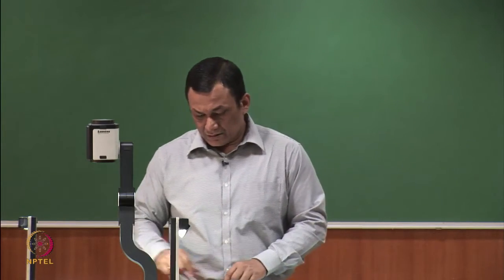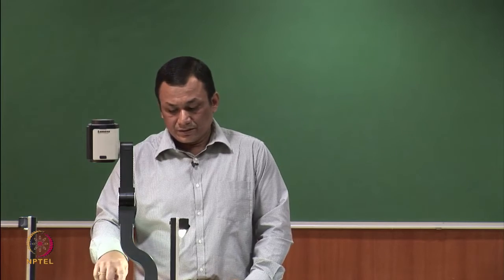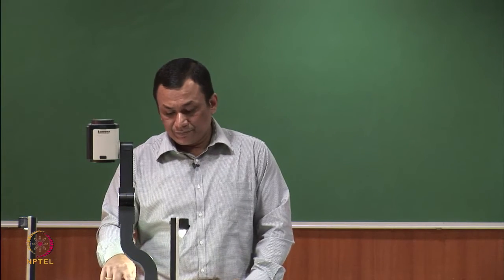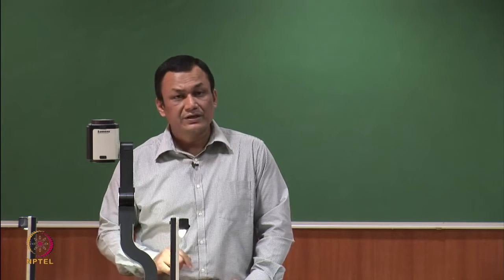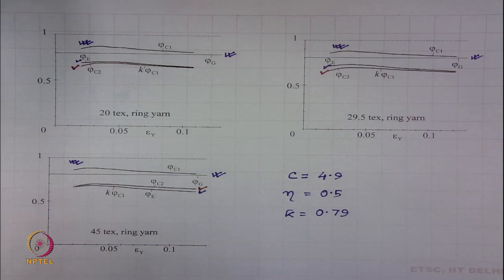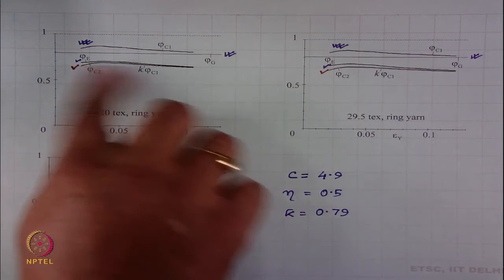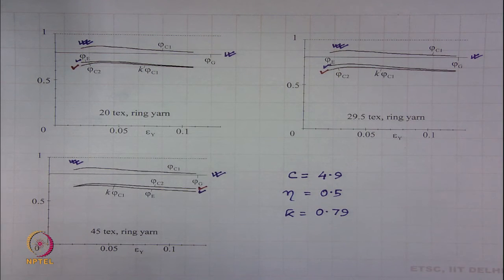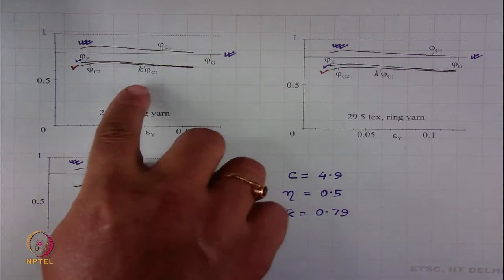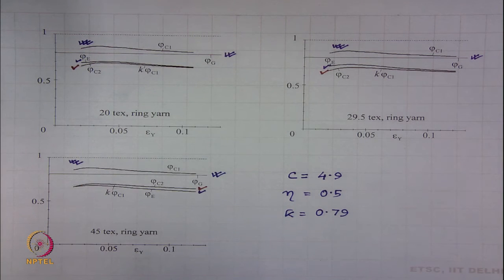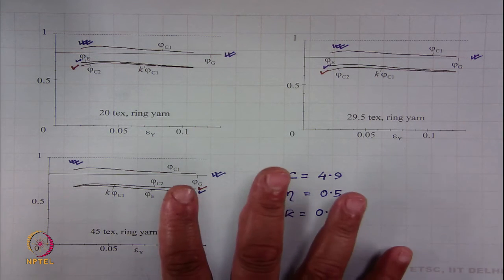That is the reason why the actual curve is staying lower than the phi C1 curve. So, in all cases we see, when we multiply by a factor 0.79, that probably corresponds to this imperfect fiber organization, we see there is a very close tendency between the experimental and the phi C1 multiplied curves. So, this is our observation from this.